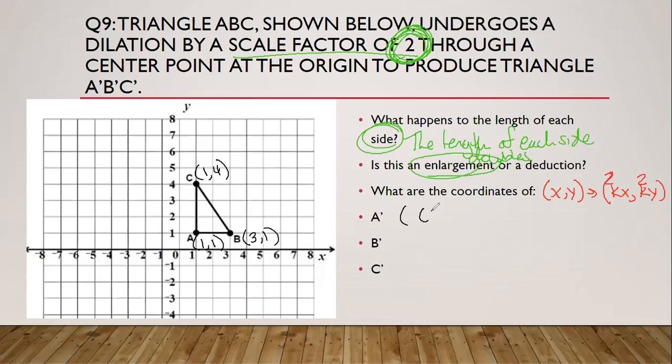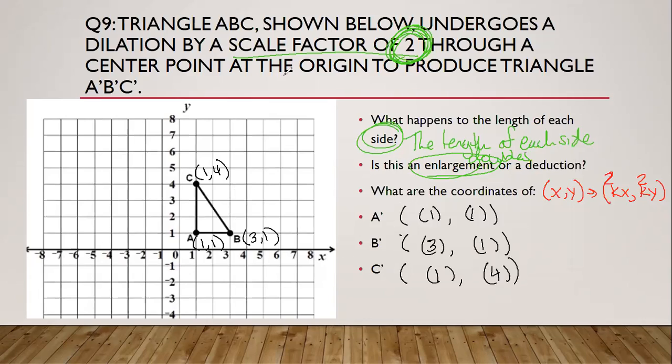I have 1 here, 1 here, and we're going to multiply by our scale factor. For my B, I have a 3 here for the X and a 1 for the Y. And then over here for my C prime, I have 1 for my X and I have 4 for my Y.